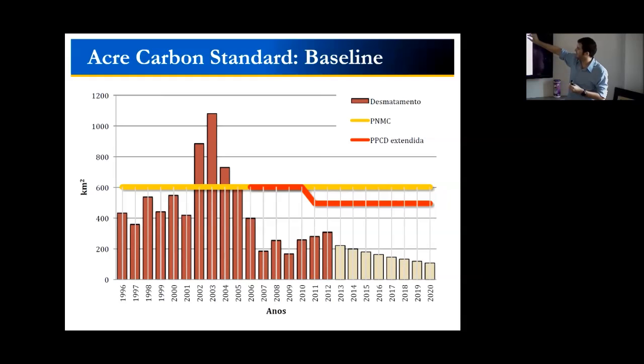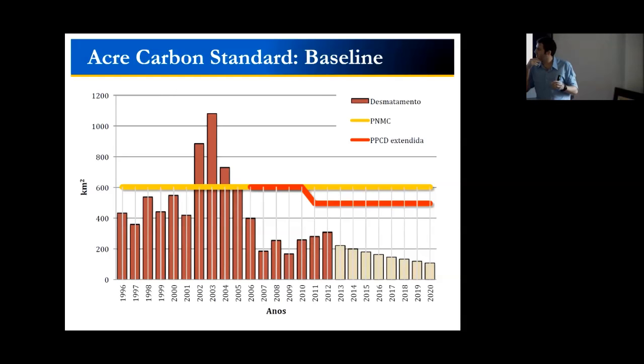Here you can actually see two deforestation trends, which are basically just averages. They have one average, and this was the old average, and this red one is the new average. Acre is using this average. It's roughly 500 square kilometers of deforestation.